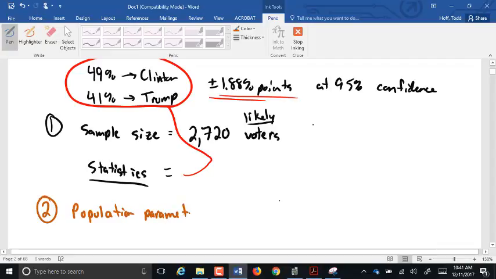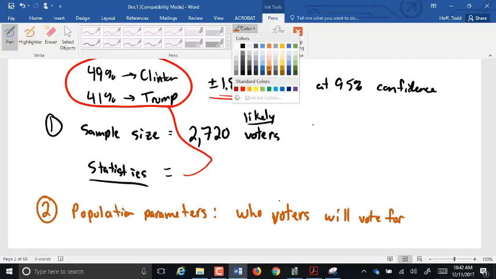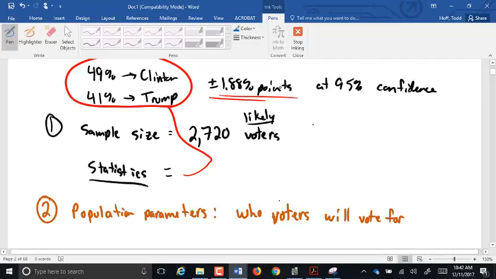Yeah, who people are going to vote for, right? Who voters will vote for, I should say. So that is the parameter of interest here is they're trying to predict the winner of this coming election. So the parameter is who they're going to vote for, what the votes are going to end up being.